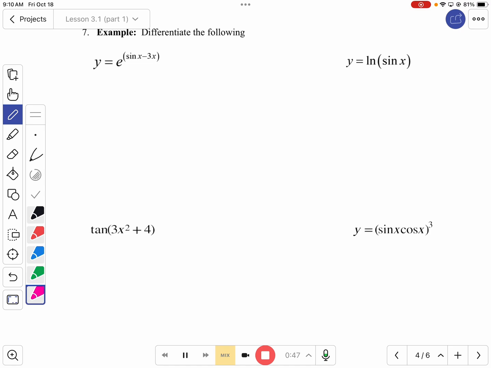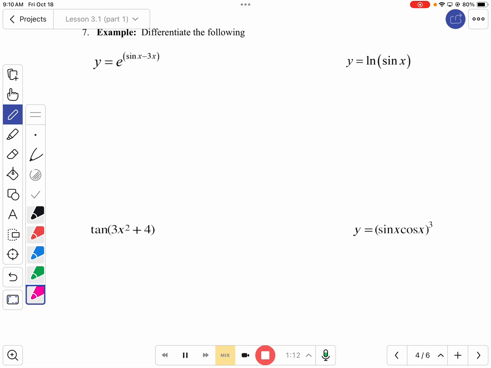Anyway, here we go. So y equals e to the sine x minus 3x. Okay. First of all, why is this a composite function? It's in the e, right? So if I have anything in my exponent with e that's not just x, it's composition, okay?